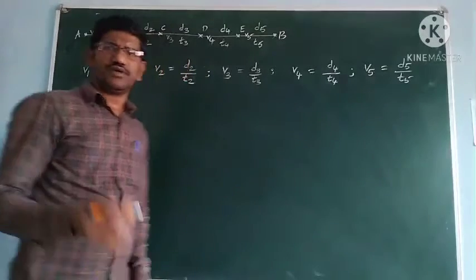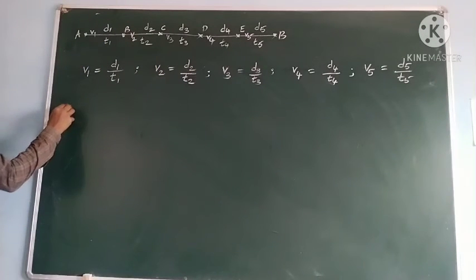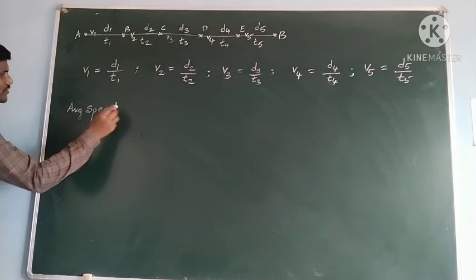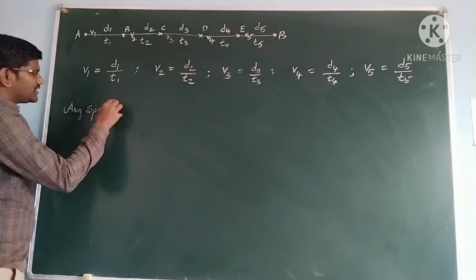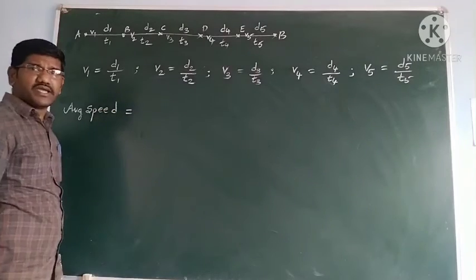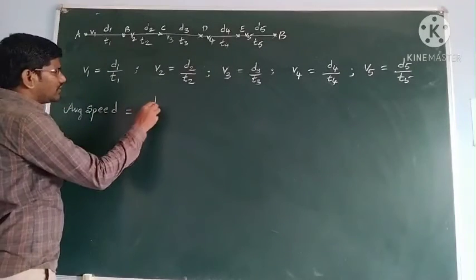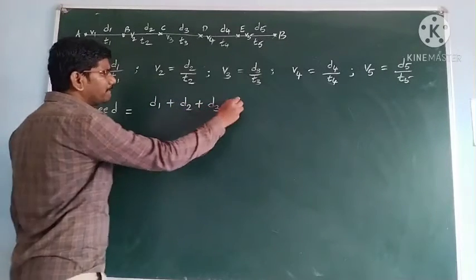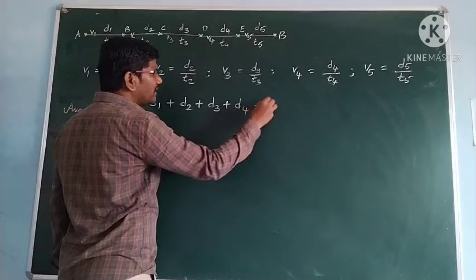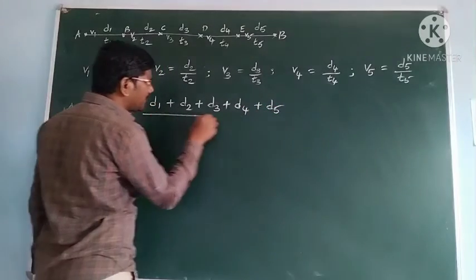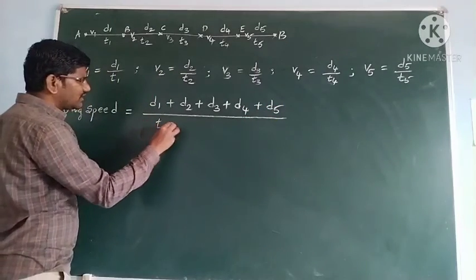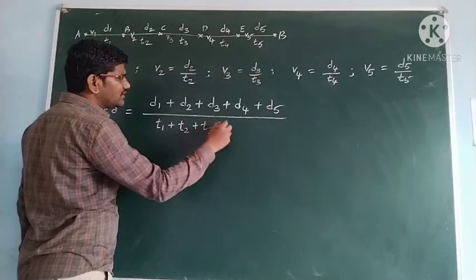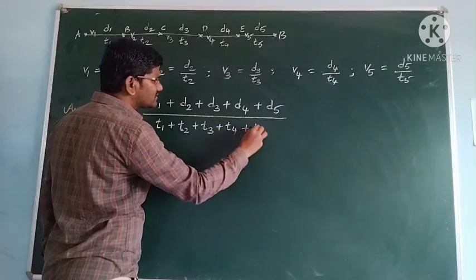Okay students, so now the average speed formula. Average speed is equal to total distance by total time: D1 plus D2 plus D3 plus D4 plus D5, by T1 plus T2 plus T3 plus T4 plus T5.